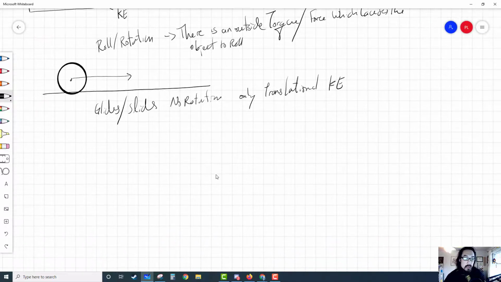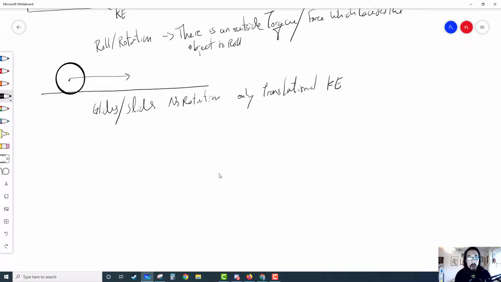But if there is an outside net force or an outside torque, remember if there is a force that causes an object to rotate, we call that the torque. Okay, let's see if I can make that circle a little bit better. That's the best I can do. This object will then begin to rotate.